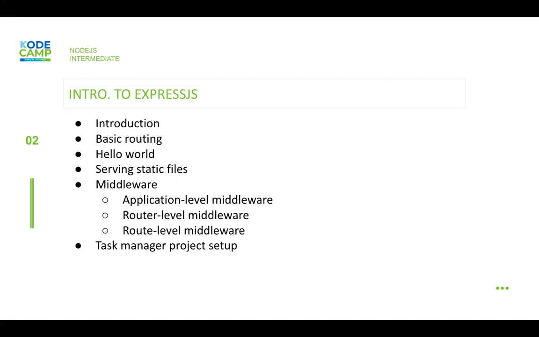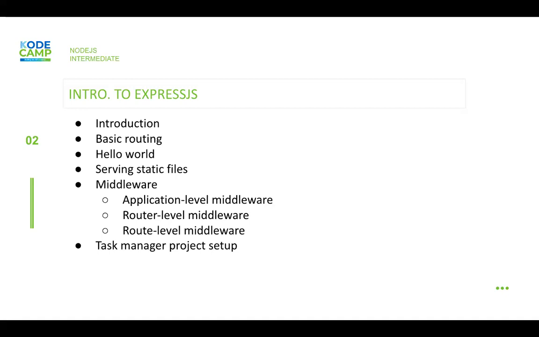So Express solves many problems. The routing, as you can see how we did our routing. And thank God we have our project here, we have everything. So from time to time, comparing it with our Express app, we'll see how simple Express makes things for us, how easy Express makes things for us.